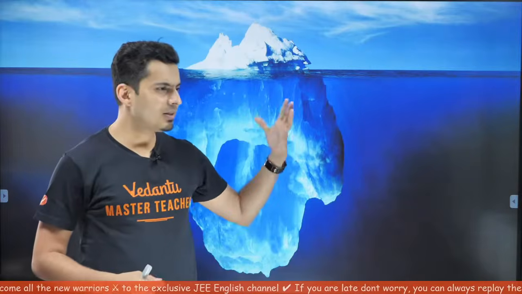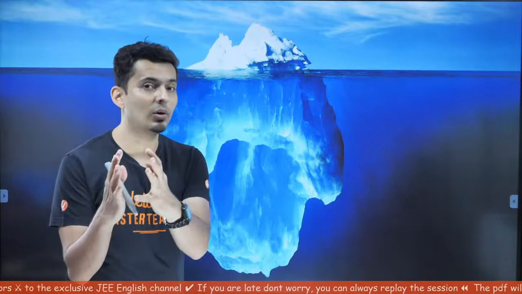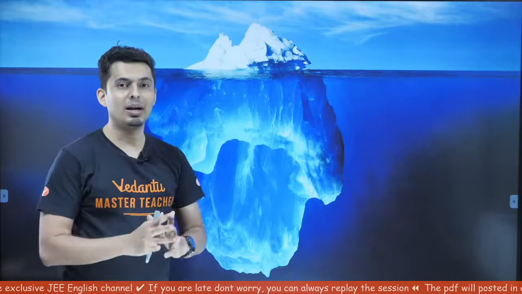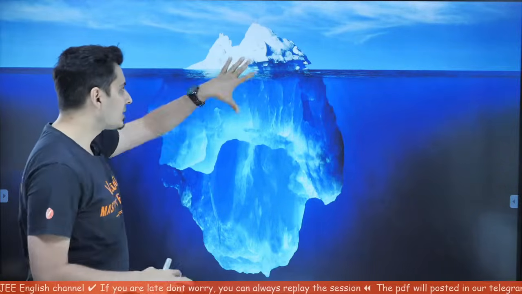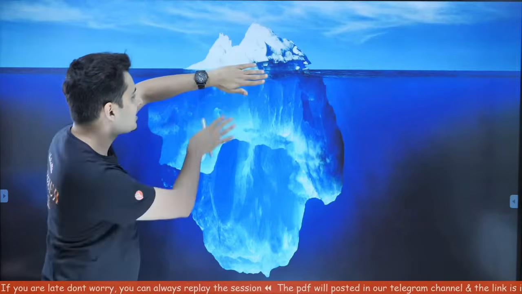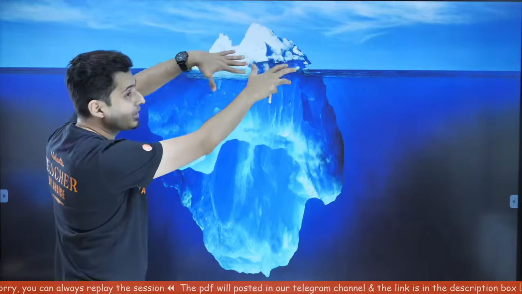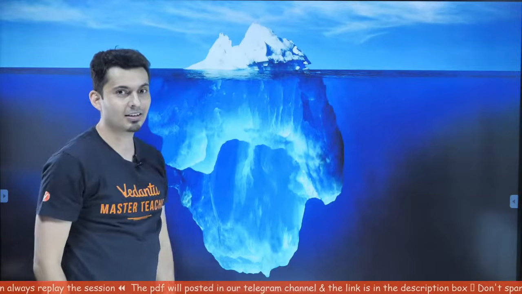Meaning there is so much more that you still don't know. So whenever you see an iceberg, just imagine you don't see all of this. It looks so massive and so nice, but there is so much more even beneath it.